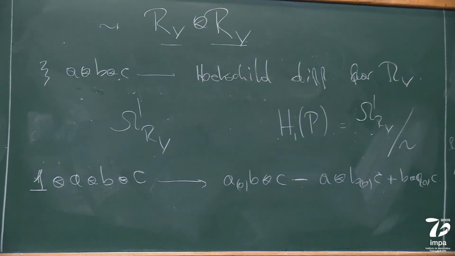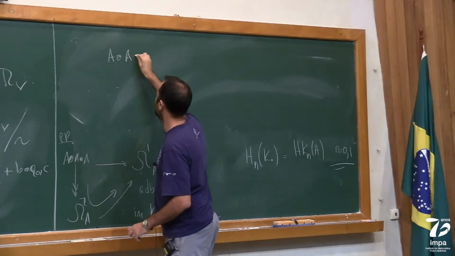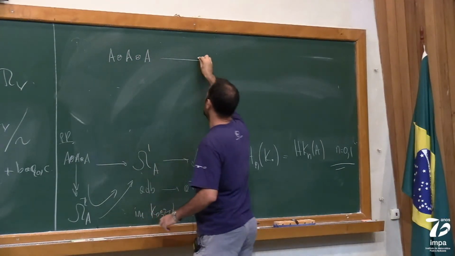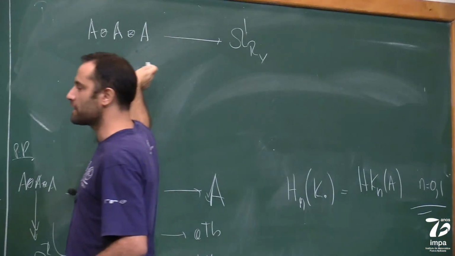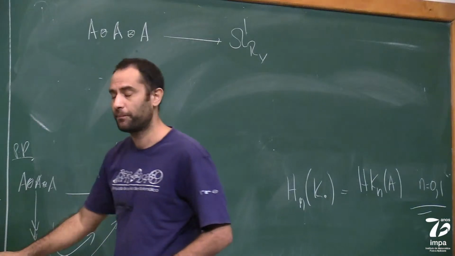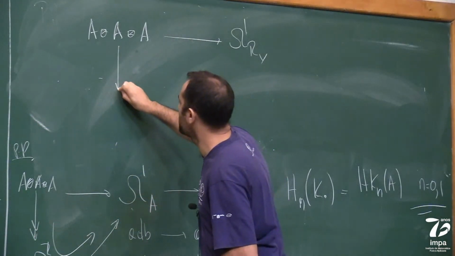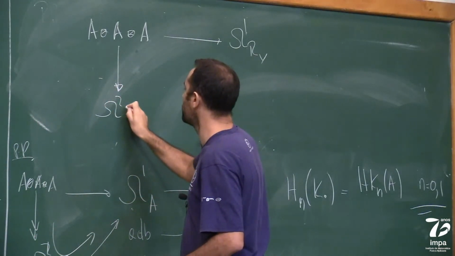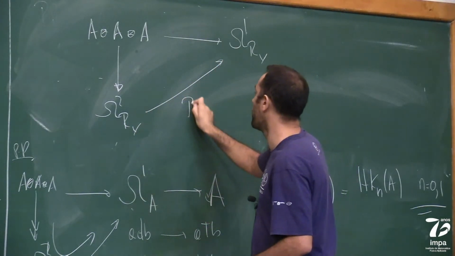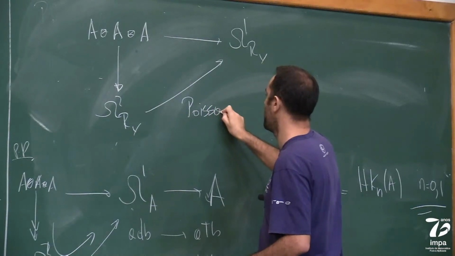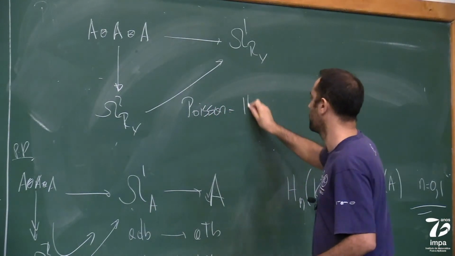It's exactly the same situation that happened for A. We have this map from A tensor A to omega 1 of RV that sends A tensor B tensor C to this differential, and I claim that that factors through omega 2 of RV, where here I put the Poisson homology differential. So this is where a different homology appears.